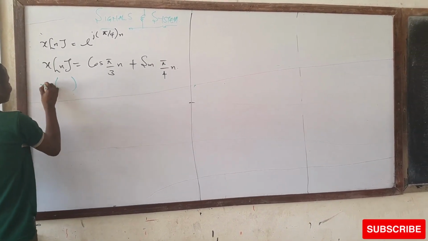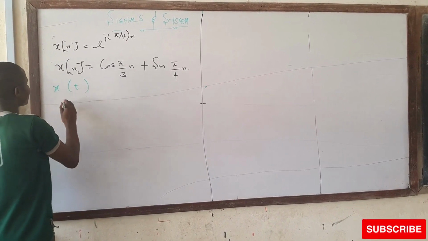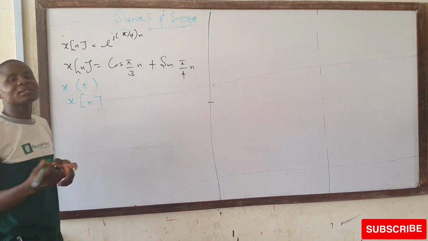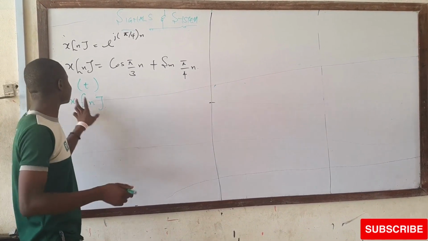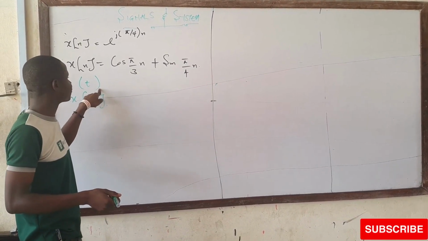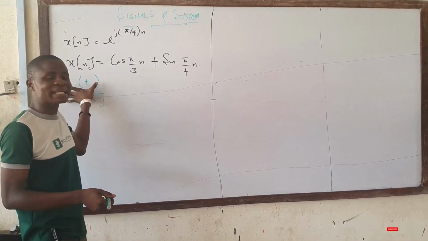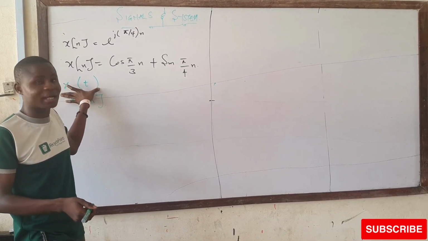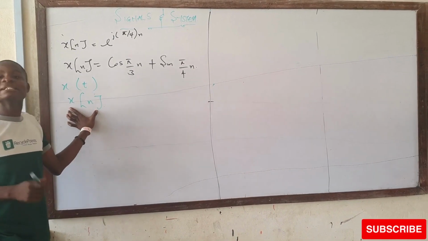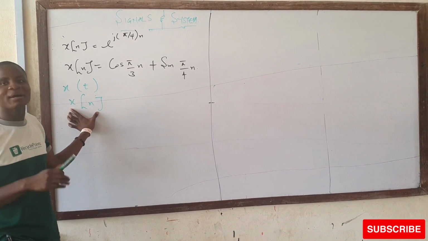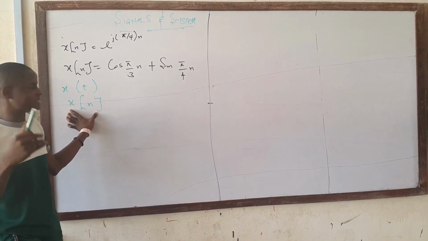What is the difference between when I write x of t like this and when I write x of bracket n like this? A quick difference I can tell you is that when you have this kind of bracket, it's telling you this signal is a continuous time signal, while when you have this other kind of bracket, it's telling you this is a discrete time signal. We'll get to the classification of that in a jiffy.